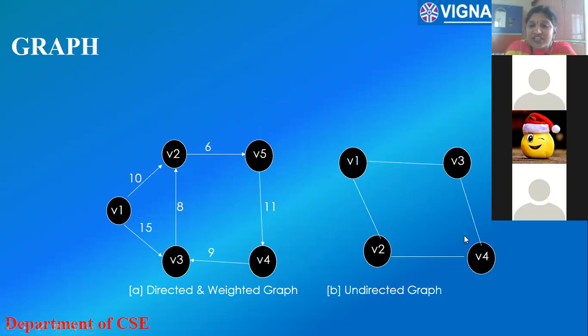The second figure is called an undirected graph. What does directed graph mean? If all the edges of a graph have a direction, that type of graph is called a directed graph. If the edges are not directed, that type of graph is called an undirected graph.